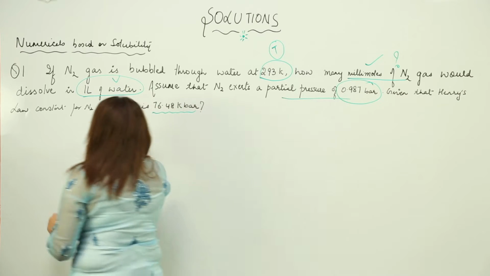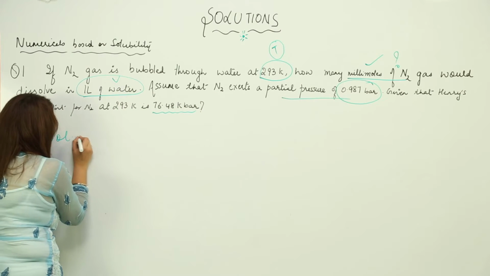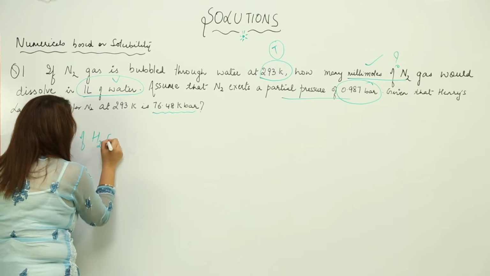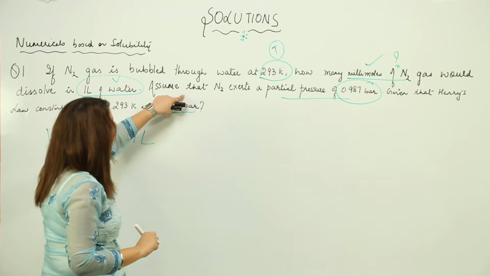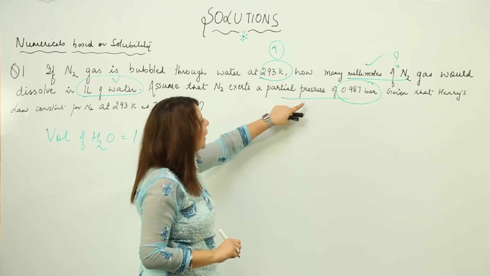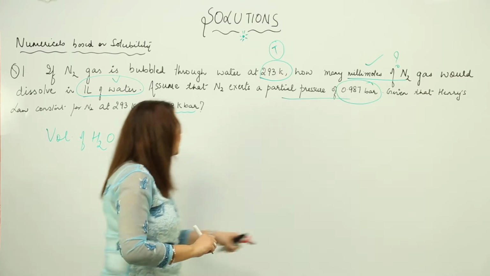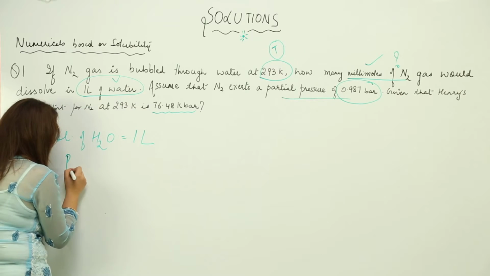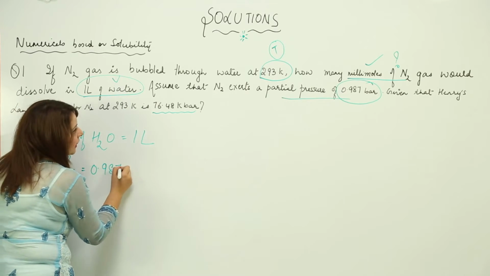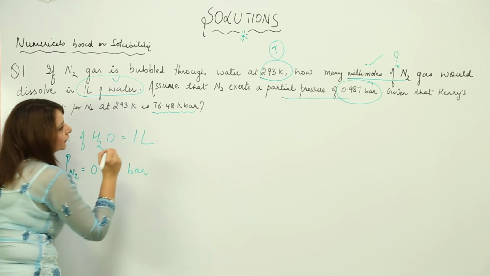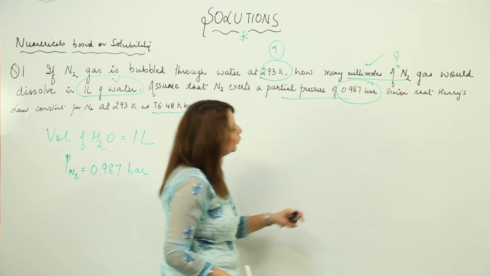So we are provided with the volume of water, 1 liter. Assume that nitrogen exerts a partial pressure of this much. So this is the partial pressure for N2, 0.987 bar.